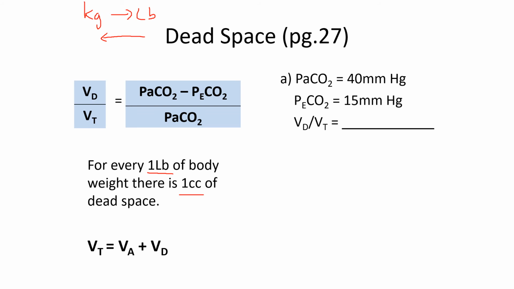All you do is plug and chug. So here is your CO2 pressure, and here is the partial pressure. So we must solve for the dead space, right? VT is total. So all you do is dead space over the total. So it's plug and chug.